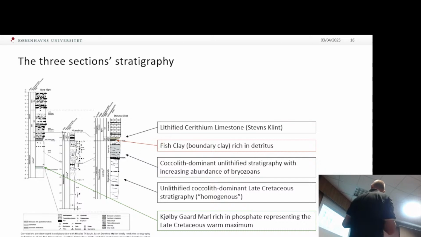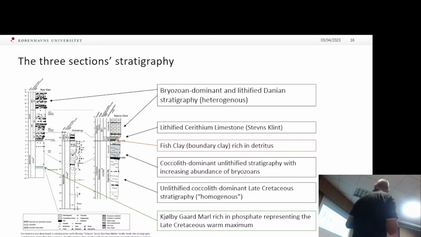Then also only in Stevns Klint we have a lithified Cerithium limestone. And then on top, only in Nuclear and in Stevns Klint, we have bryozoan dominant stratigraphy in the Danian.